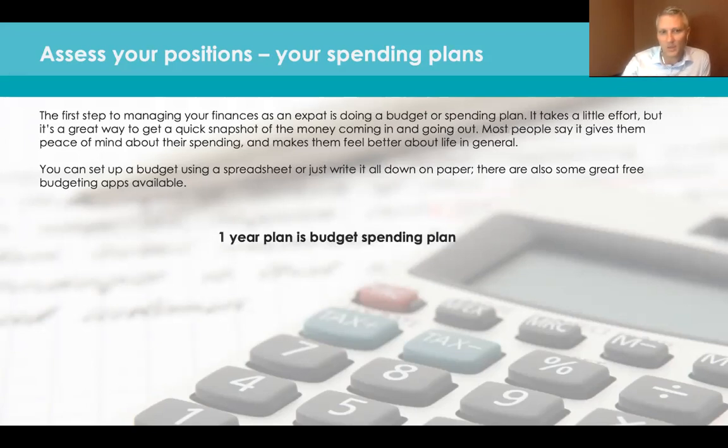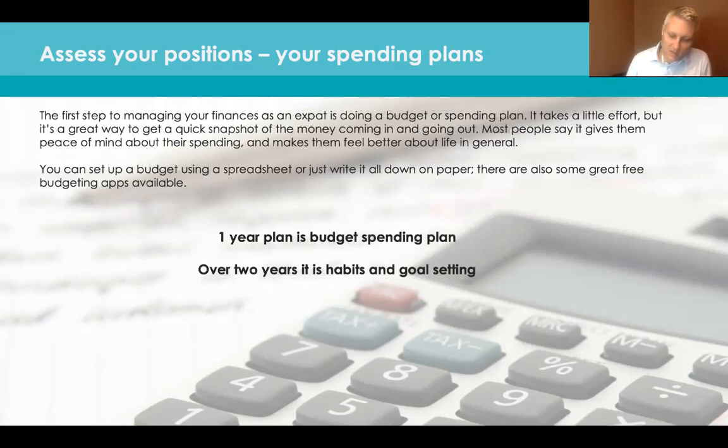We always think a 1-year plan is just a budget or a spending plan. A spending plan is a better term for it. So you know what you're going to spend in this coming year. If you're taking a year off, or you're going to another country, then it's a little bit difficult to work out what this is. But you can allocate certain amounts to whatever those future expenses are going to be. After sort of the first year and over 2 years, it's about habits and goal setting.